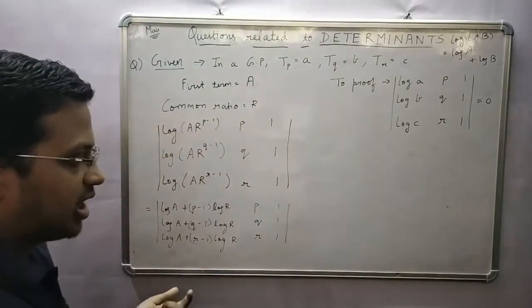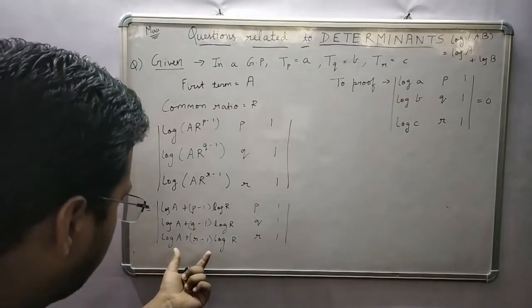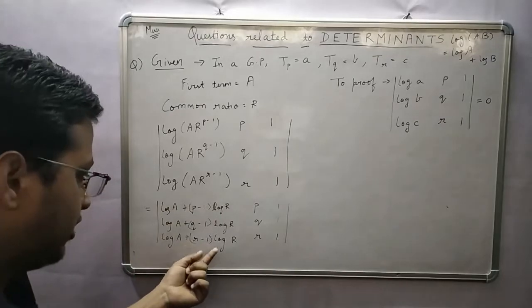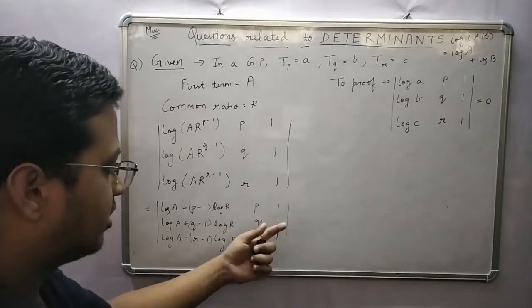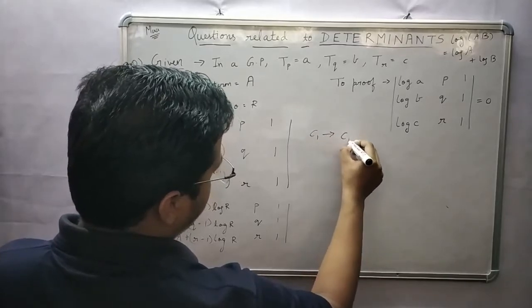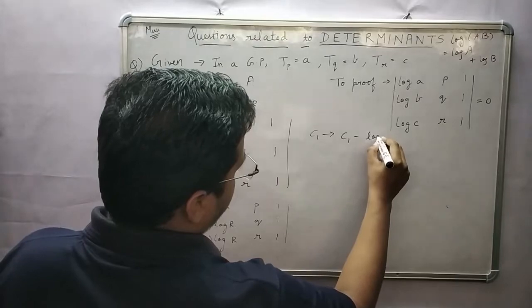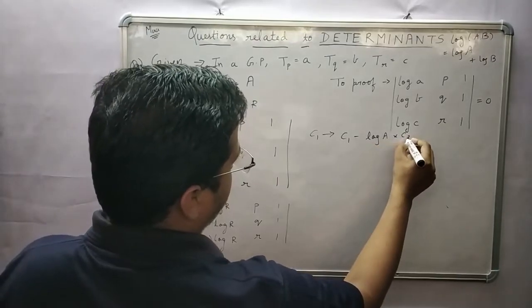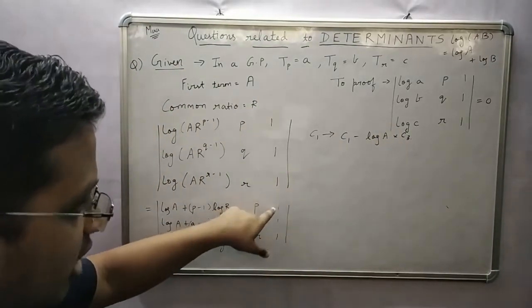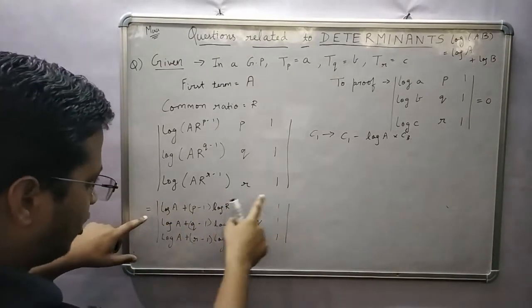Now let us apply elementary column operations or elementary row operations. So let us subtract the third column from the first column with some multiple. So let us apply C1 changes to C1 minus log A into C3. In C3, 1 is there. If I multiply by log A and subtract, this term will cancel.